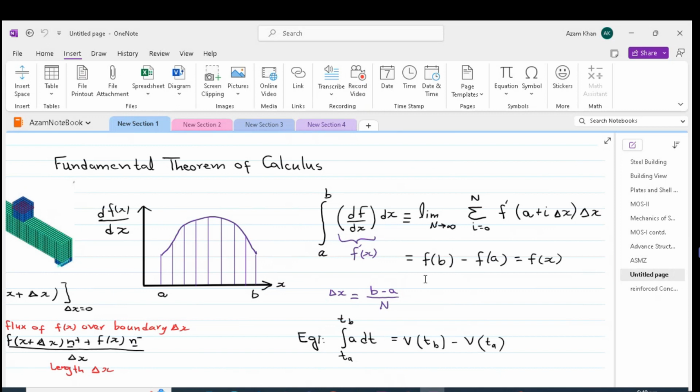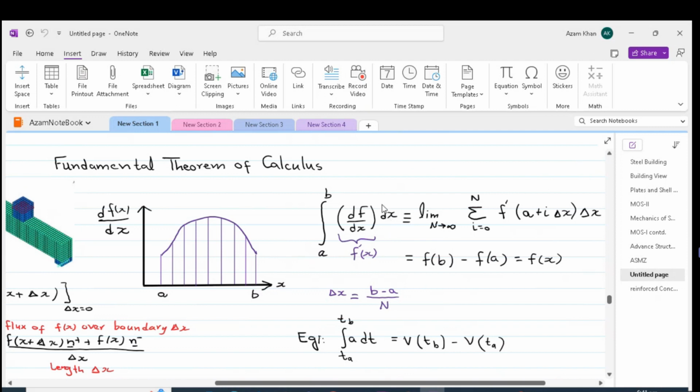This theorem follows the same logic as in the fundamental theorem of calculus, according to which, if we have a function, the derivative of the function integrated over length L is equal to the value of the same function at b minus the value of the function at a.